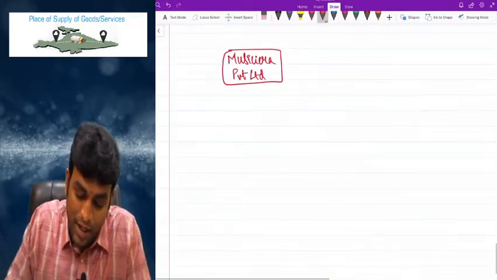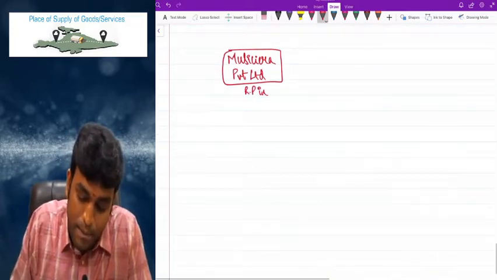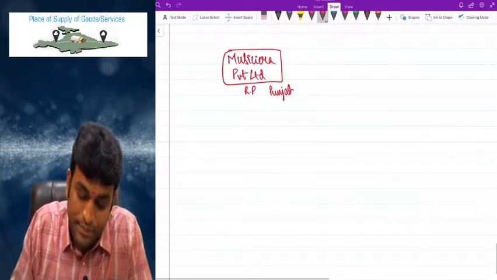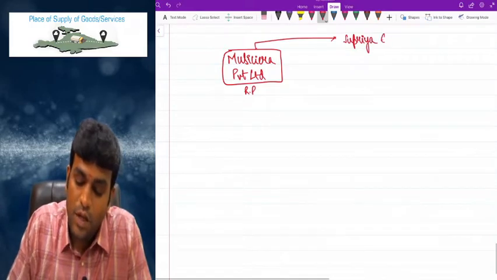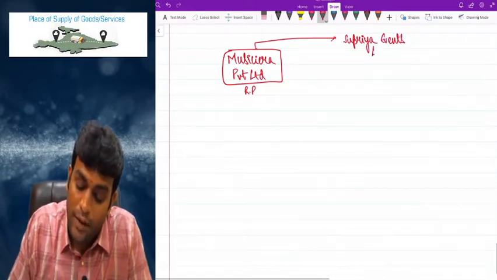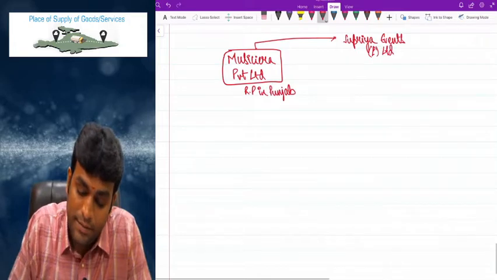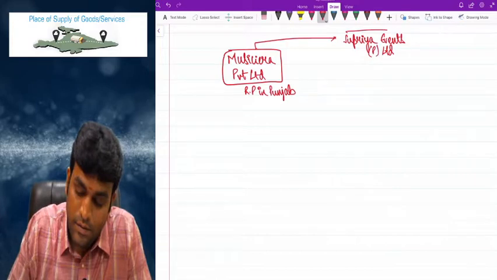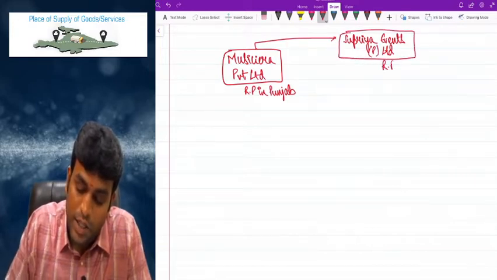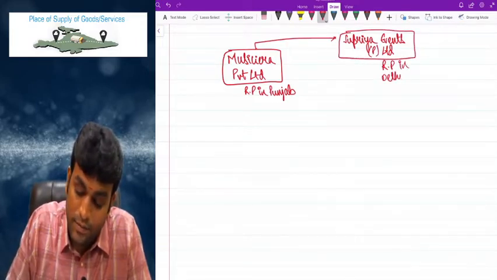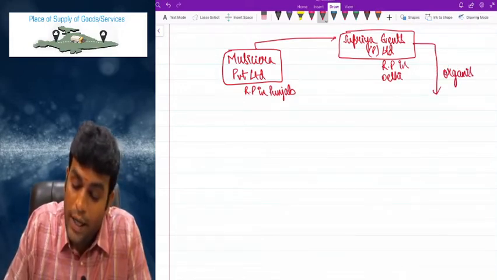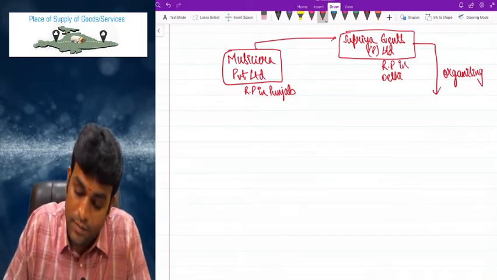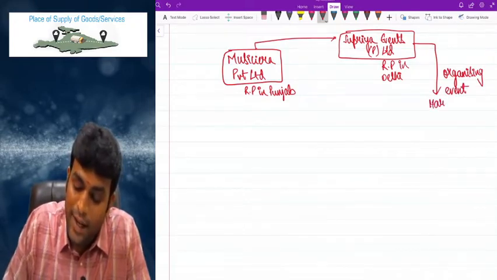Musicera Private Limited, and they are a registered person in Punjab, and they contacted Supriya Events Private Limited, and they are a registered person in Delhi, for the purpose of organizing an event in where?